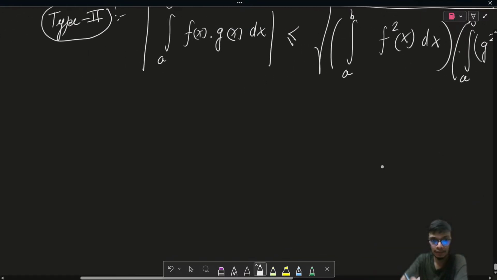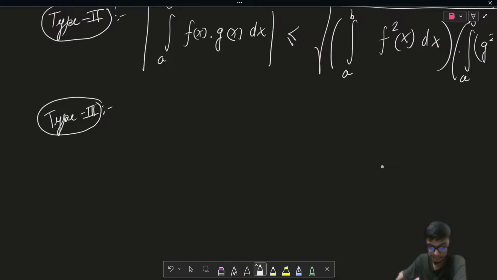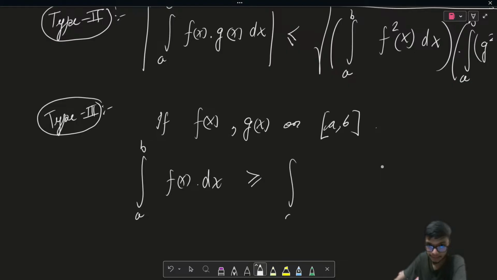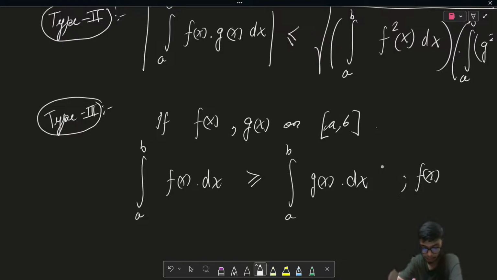Similarly, if I talk about the type 3 form of applications of inequality, if f of x and g of x are both defined on a to b, then the integral from a to b of f of x is greater than or equal to the integral from a to b of g of x dx, in particular if f of x is greater than or equal to 0.